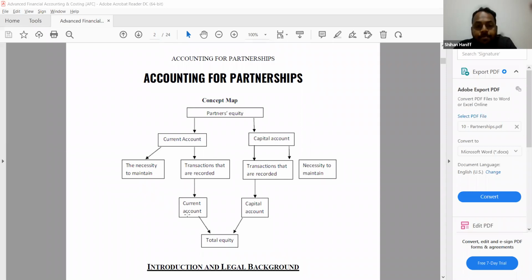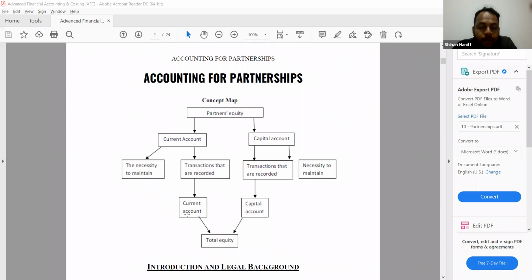Straightforward and very simple, right? Because there is only one owner, the entire profit will be given to that specific sole proprietor, right? That's it. But when it comes to a partnership, the situation is a little different, right?